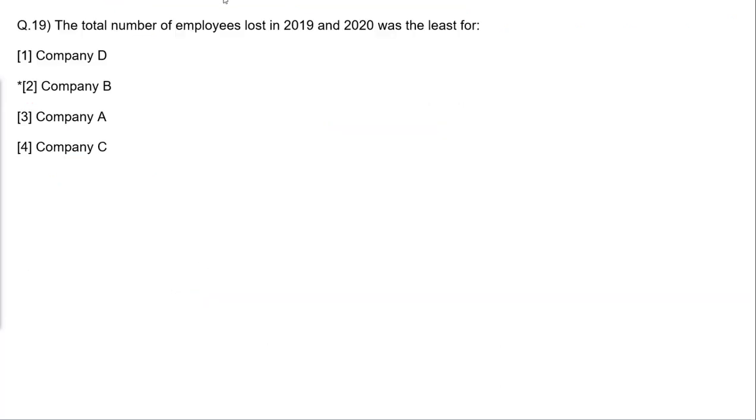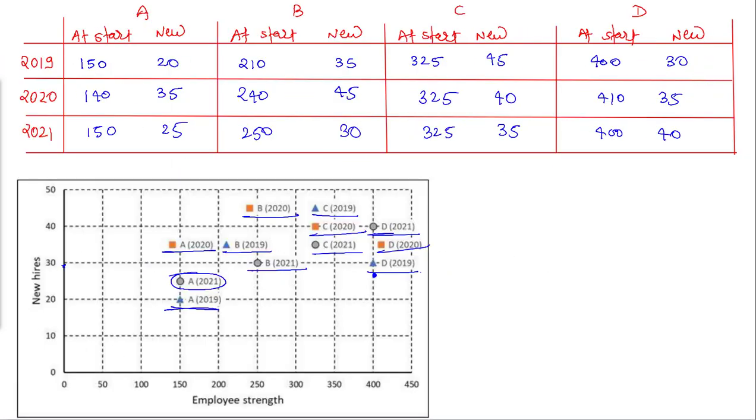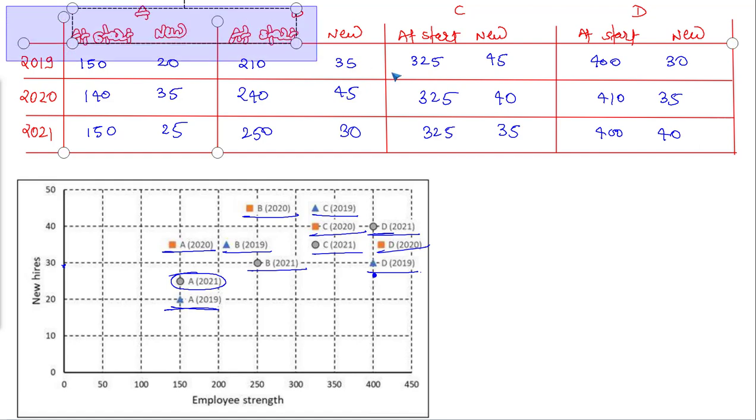After this, question number 19, the total number of employees lost in 2019 and 2020 was the least for. So over here, to solve 19th, we need to take the help of the second table. The second table is this one.